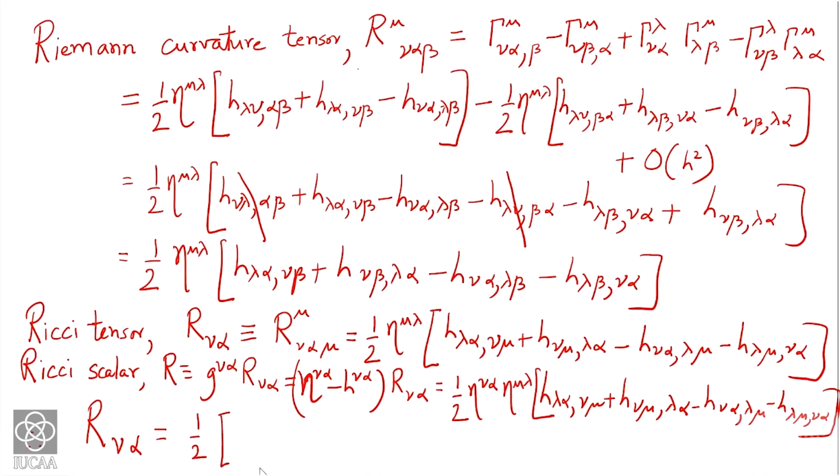I have half h lambda will be raised to mu. So, you will have h mu alpha comma nu mu. Similarly, here plus here mu will be raised to lambda. So, we will have h lambda nu comma lambda alpha.